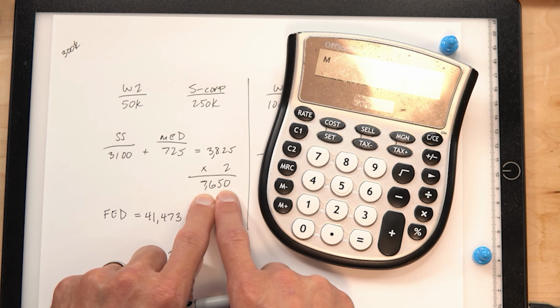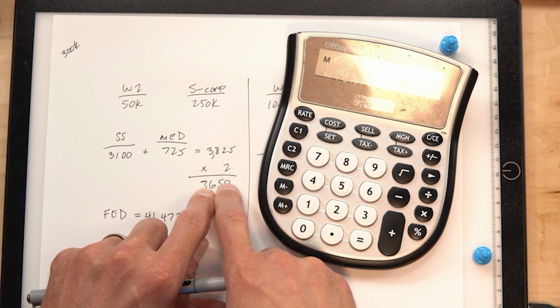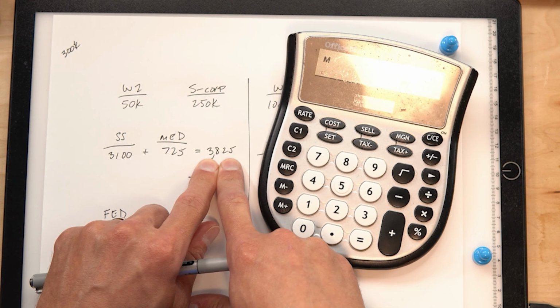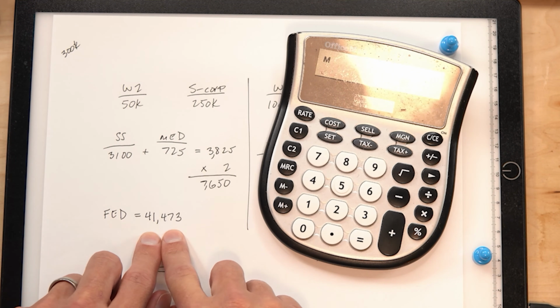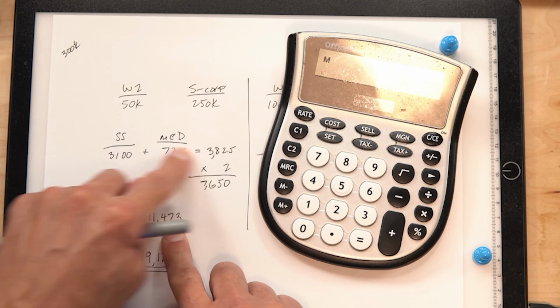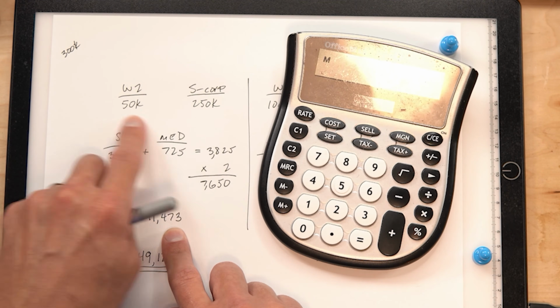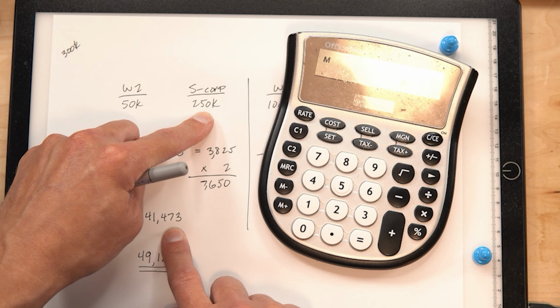Based on this math, we're going to have a one-half deduction. This is a deduction that comes off of the $250,000, and that works out to a federal taxable amount of $41,473. This is the tax due on this $300,000, broken down with $50,000 in W-2 and $250,000 as the S corporation.